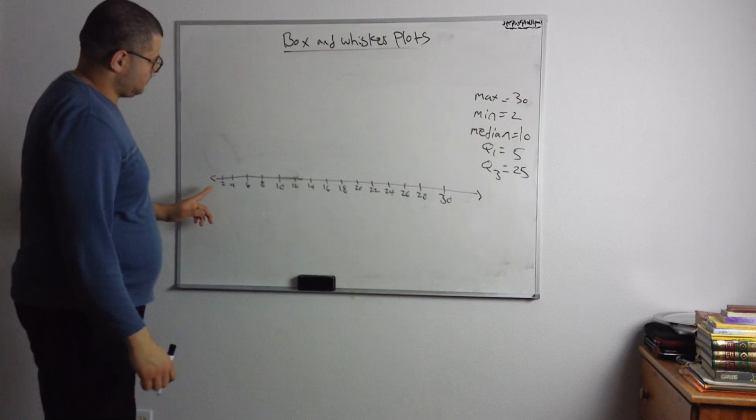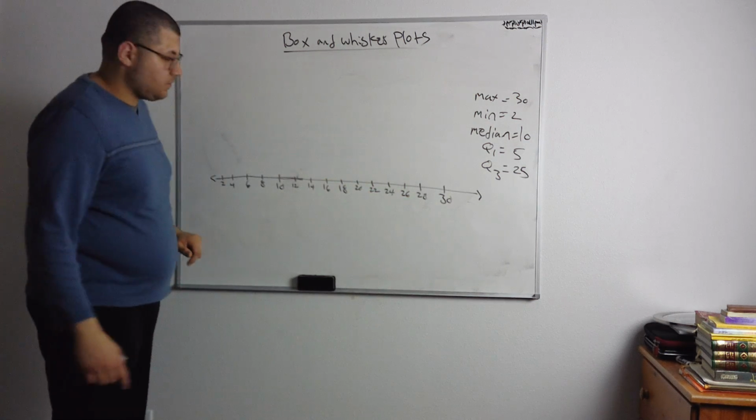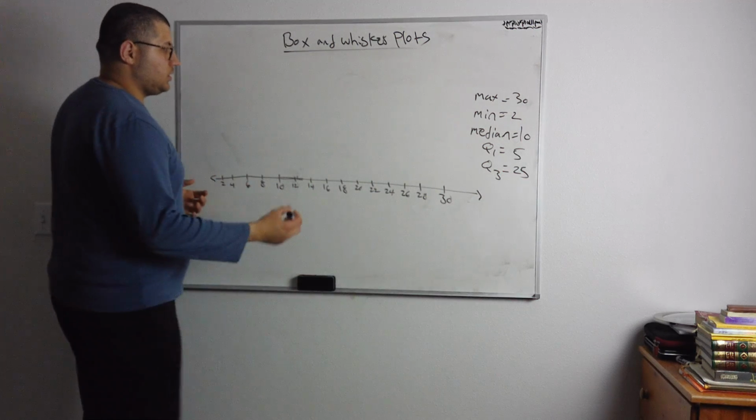Okay? So we're going from the minimum, from 2, we went up by 2s, from 2 to 30. Okay? Now let's do our box and whisker plot.